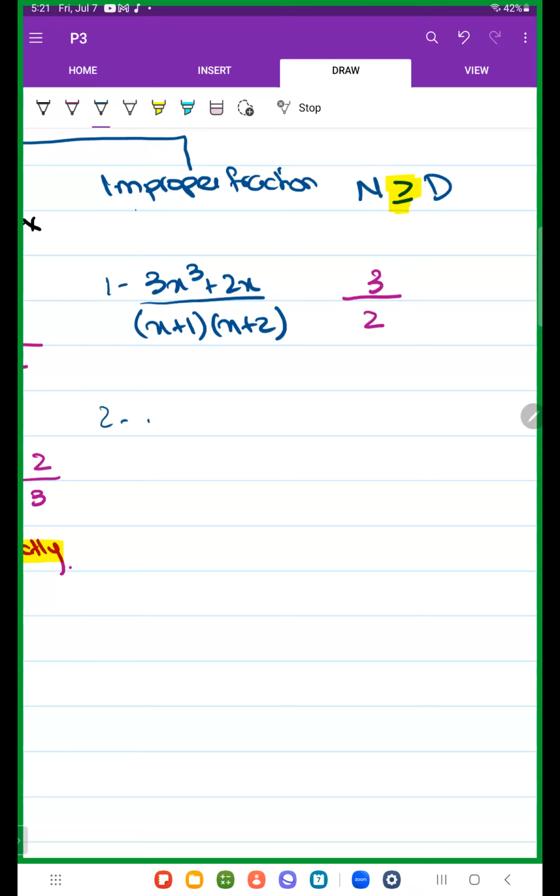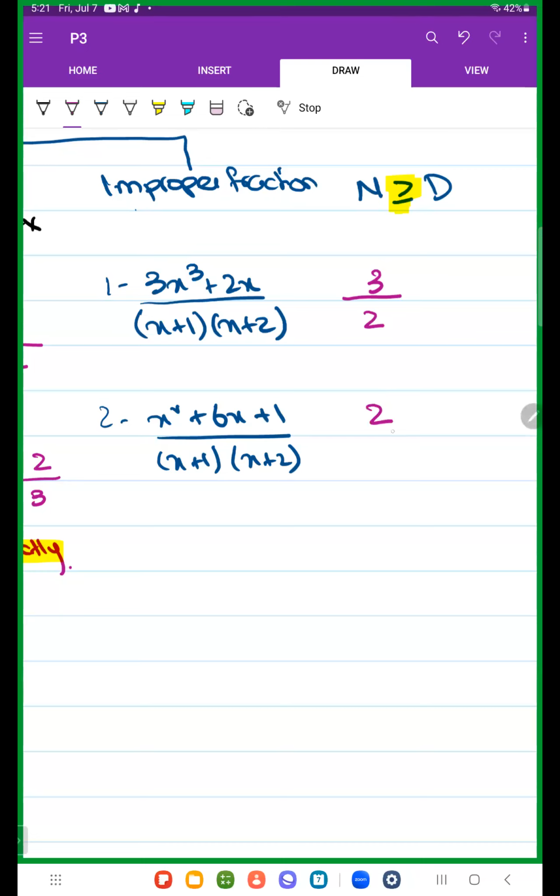Let's look at another example: x squared plus 6x plus 1 upon (x plus 1)(x plus 2). What is the power of x in the numerator? 2. Can you speak louder? I can't hear you. 2.